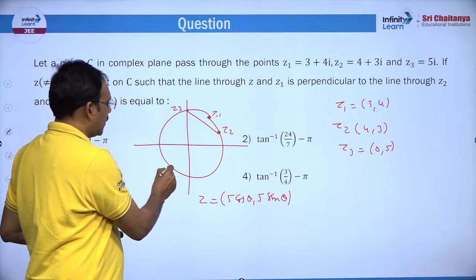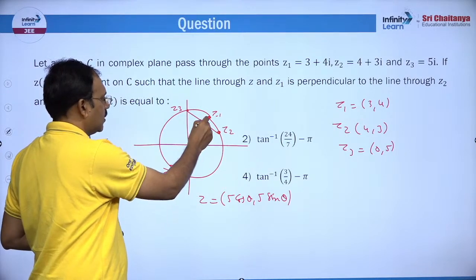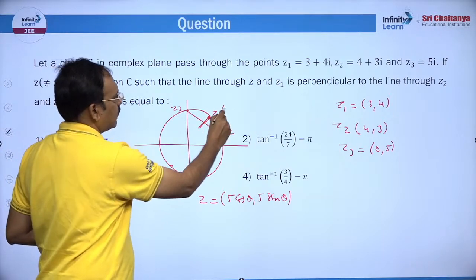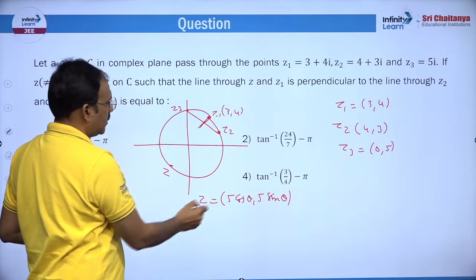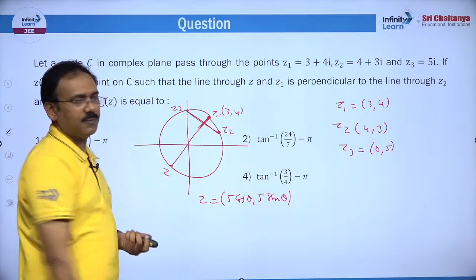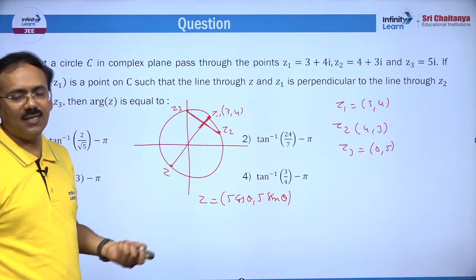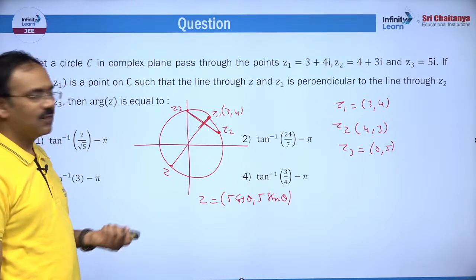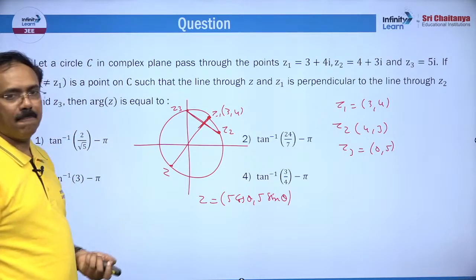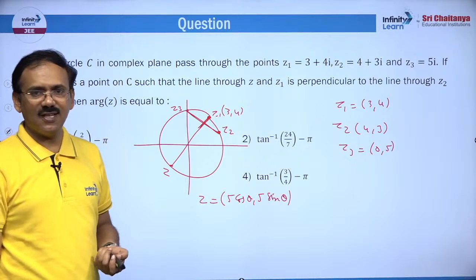Z is somewhere here, suppose. So, perpendicular to this, and connecting these 2 points, you know. Already Z1 is (3, 4), and Z is this, you just apply this slope perpendicular to this slope, that means the product of the slopes is minus 1. You will get the sin theta cos theta relation, and tan theta itself gives the argument of Z, that is it.